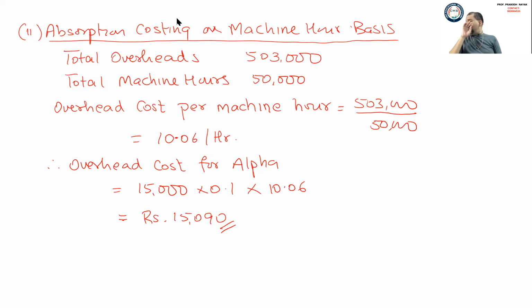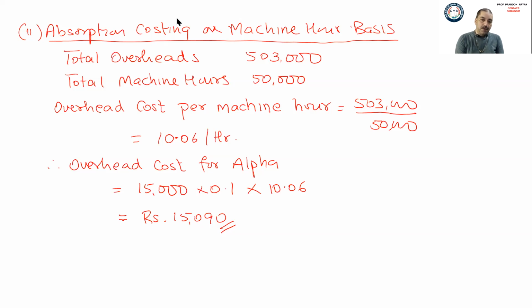You can also reduce the number of purchase orders. We are having 1,500 machine hours, so we can speed up the production process and thereby reduce the time involved, that is the machine hours, for the manufacturing process.